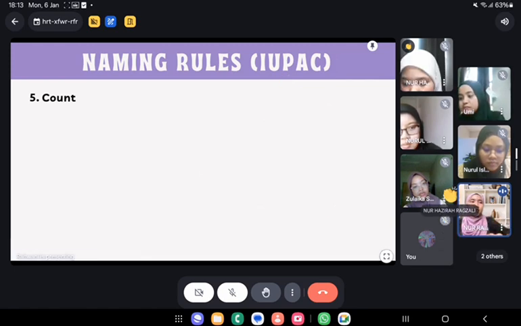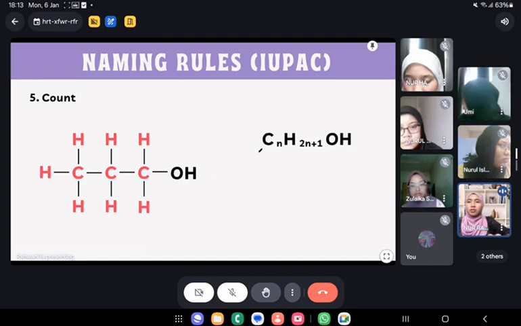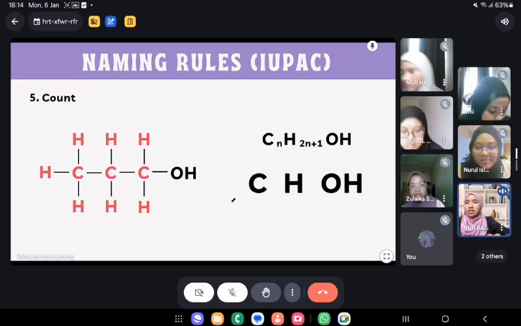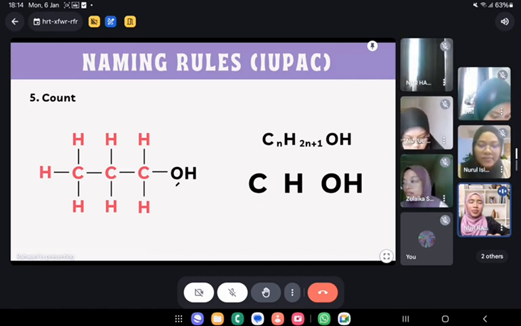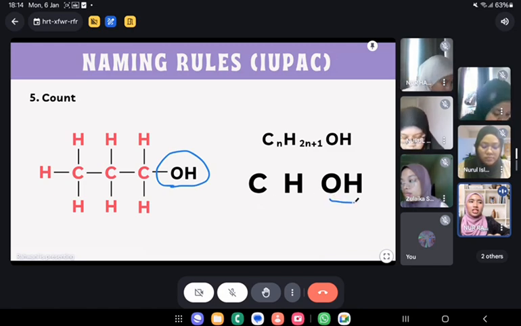Now, the final step of these naming rules is to count the molecular formula. This is the general formula that I provided in the previous slide. We have CnH2n+1OH. Then we list out the atoms that this structure has, and we have the hydroxyl group over here, so we write the OH.